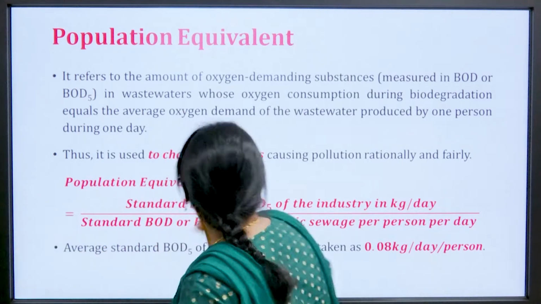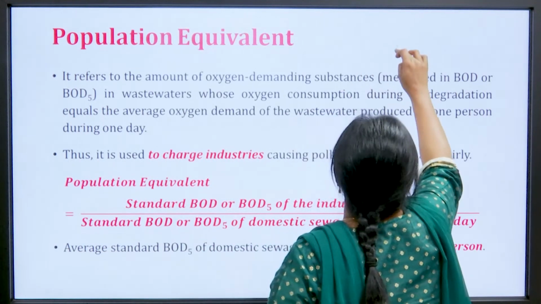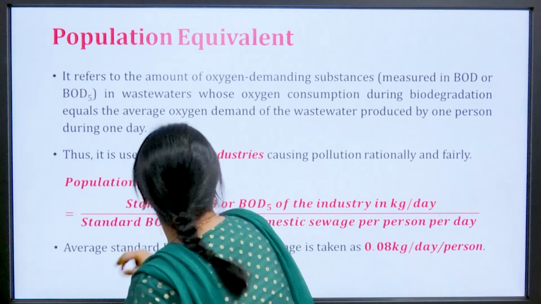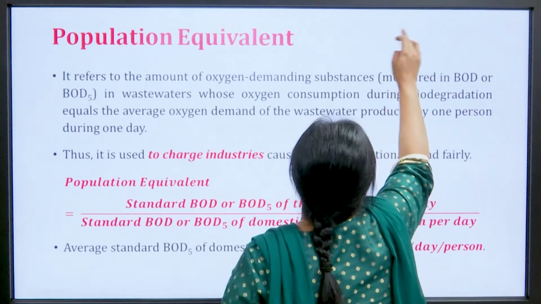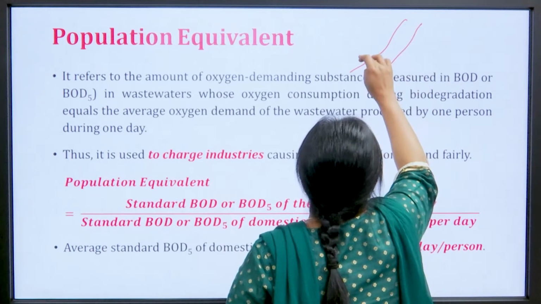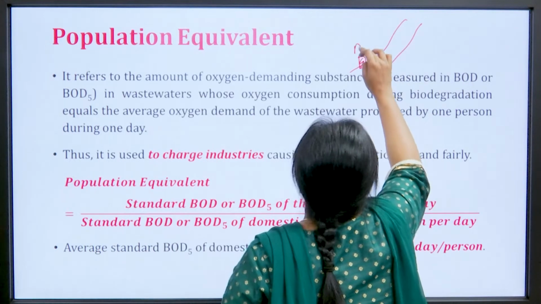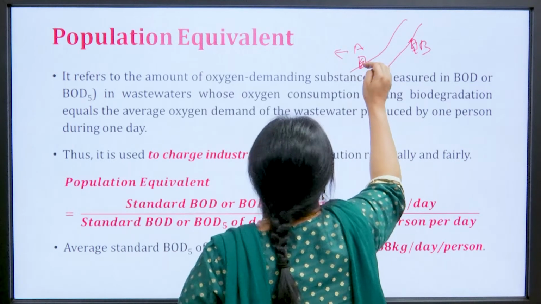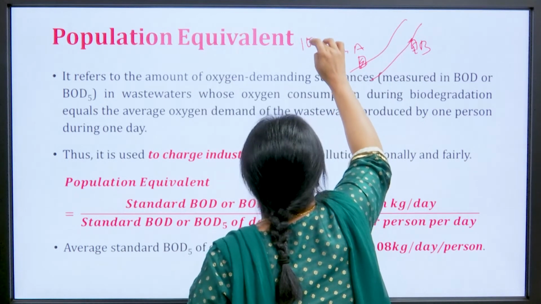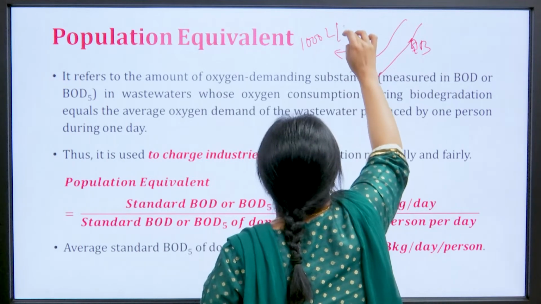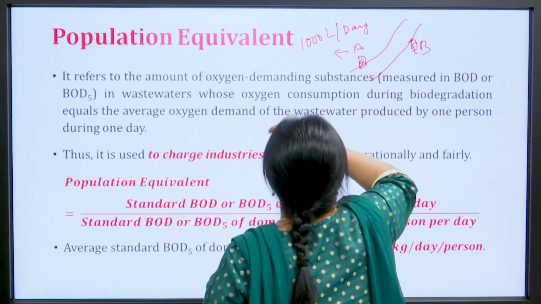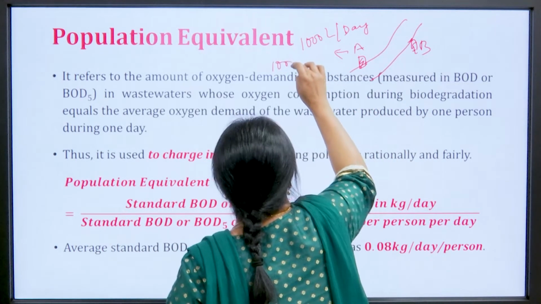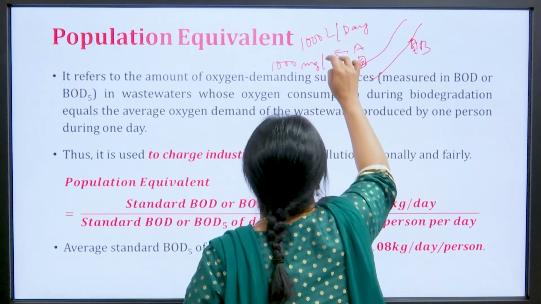Say for example, we have an industry here. I have a river here, and one industry A, another industry B. A is discharging 1000 liters per day, and the BOD of this effluent is, say, 1000 milligram per liter.